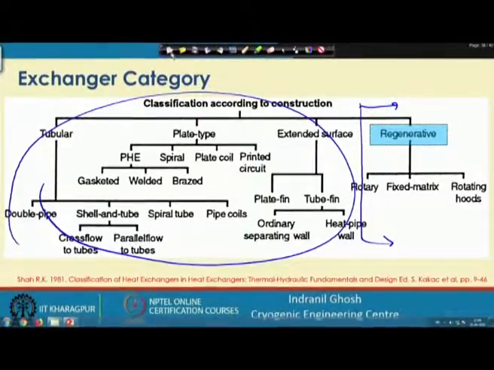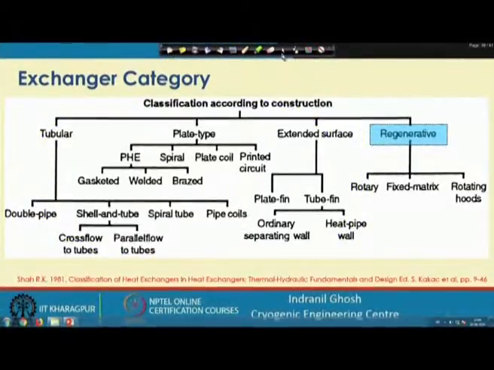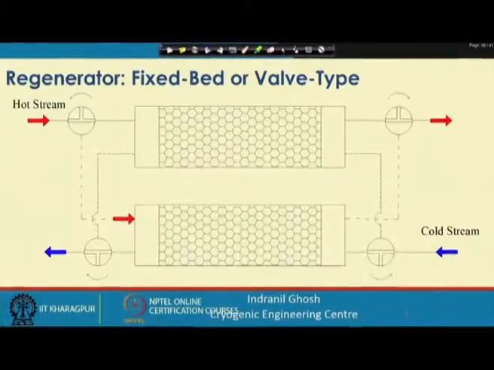What I mean by saying so is, if we look at the regenerator, this is basically either a fixed bed type or a valve type, and sometimes we also have the rotary regenerator. So, here we find that the hot stream and the cold stream occupy the same bed at different times.